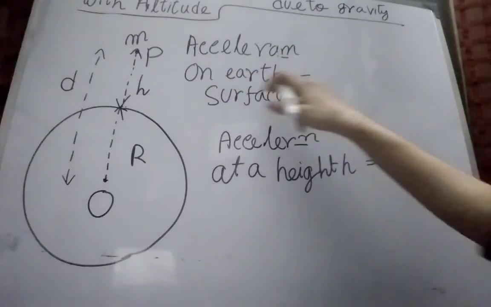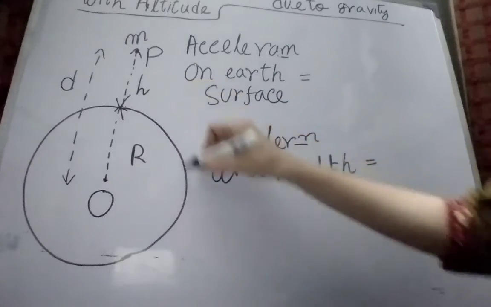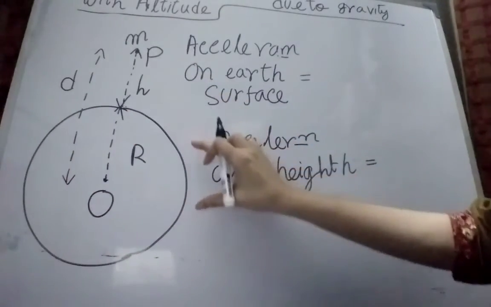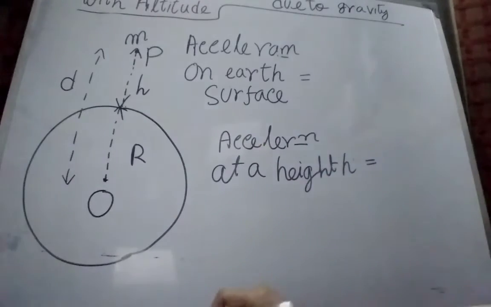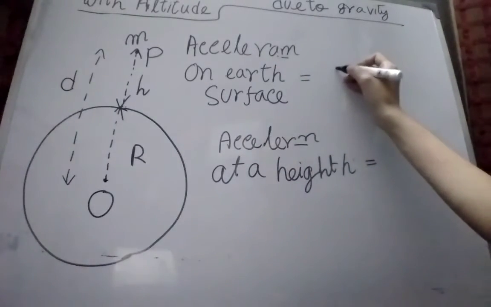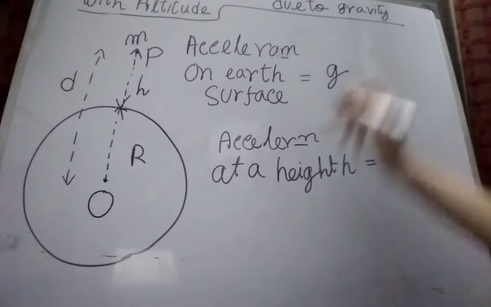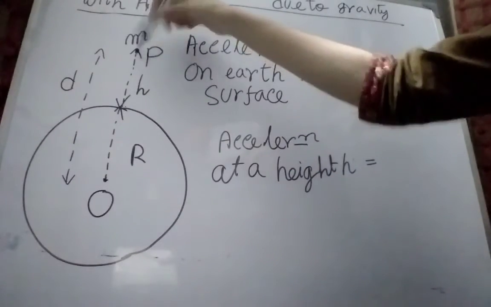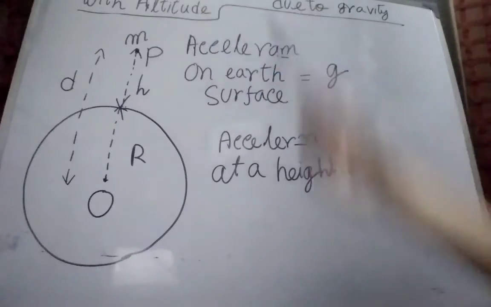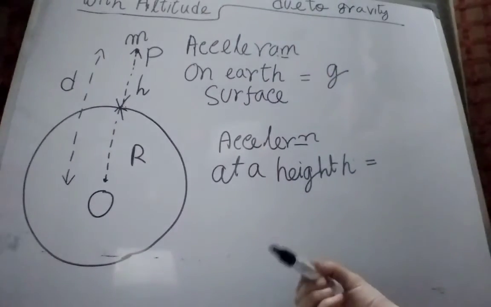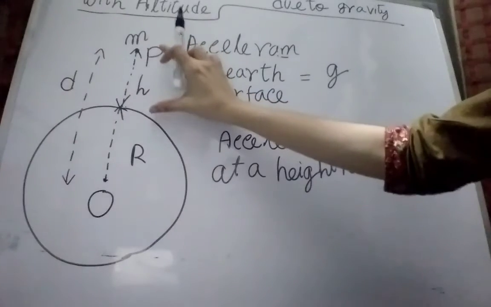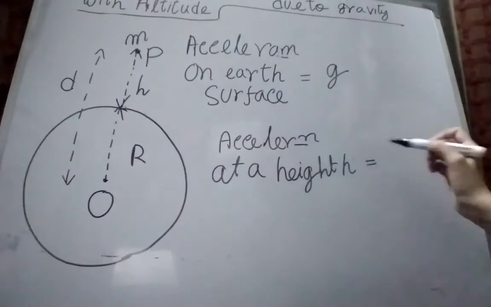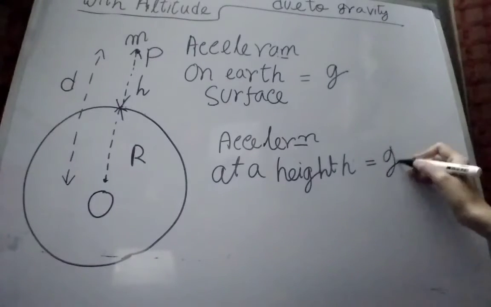Acceleration on the earth's surface, that is, any object placed on the surface of this earth will have the acceleration, say, g. And the acceleration at a height h, that is, at the point P where the object is placed, at a height h from the earth's surface, is, say, g dash.